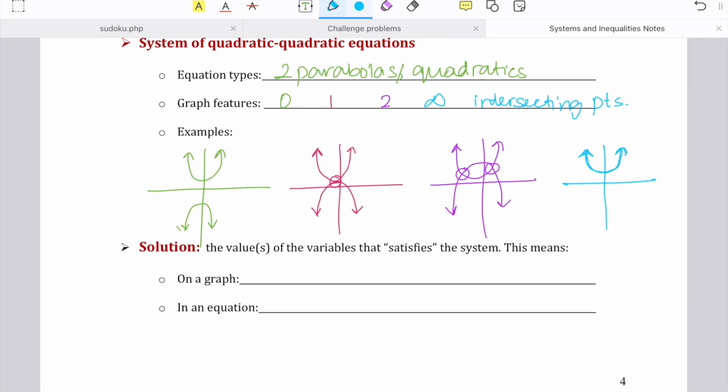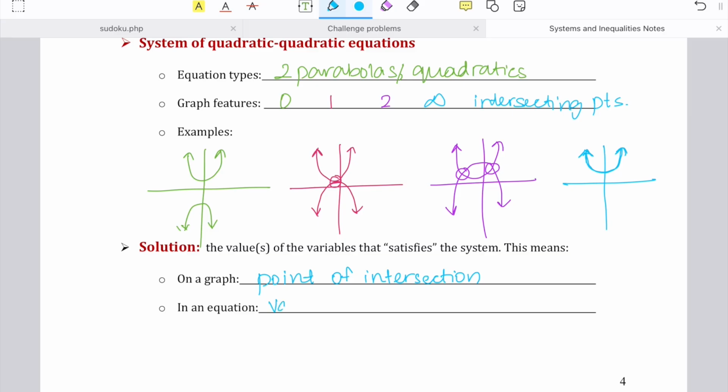Make sense? So, when we talk about the solution of a quadratic equation, we talked about the x as our solution. When there are two equations given to us, that means the point of intersection will be our solution. So on the graph, it will be the point of intersection.